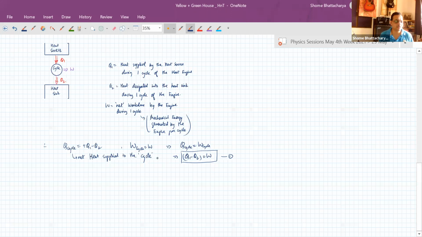So the net heat exchange during the cycle is Q1 minus Q2. And the net work done is equal to W. So Q1 minus Q2 is W.